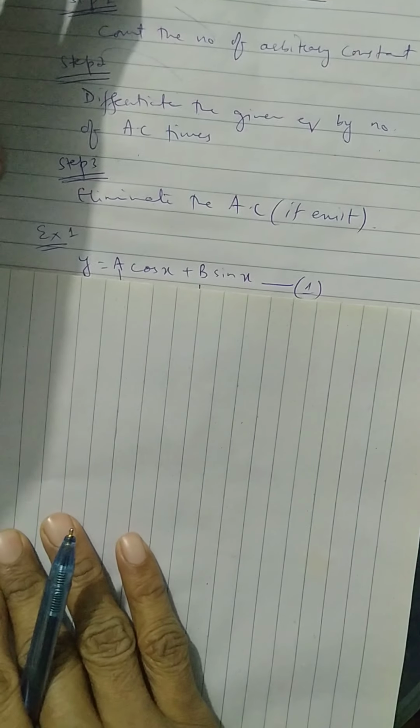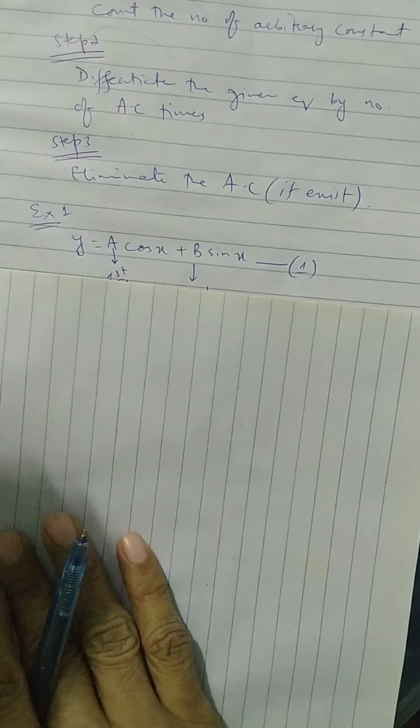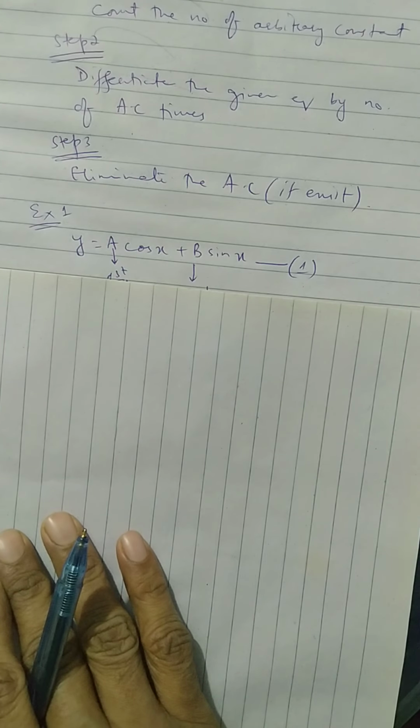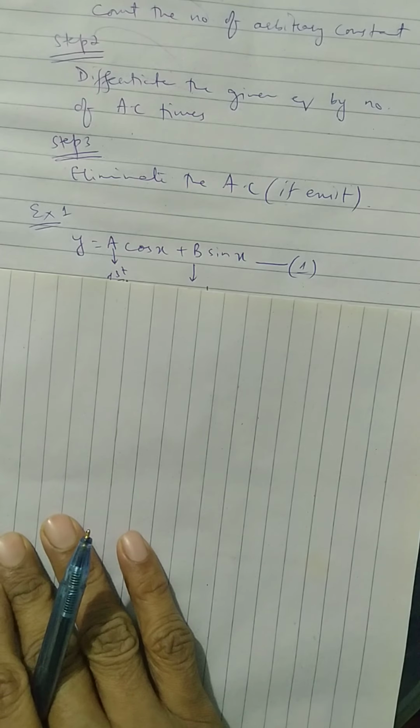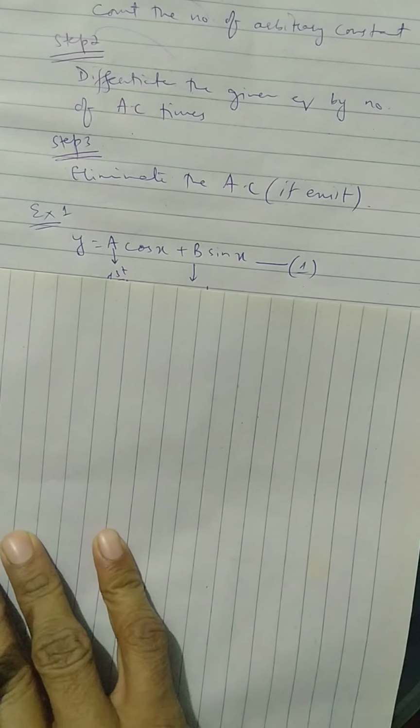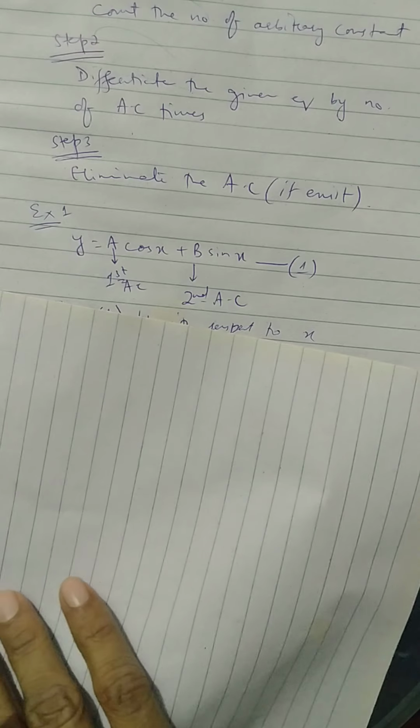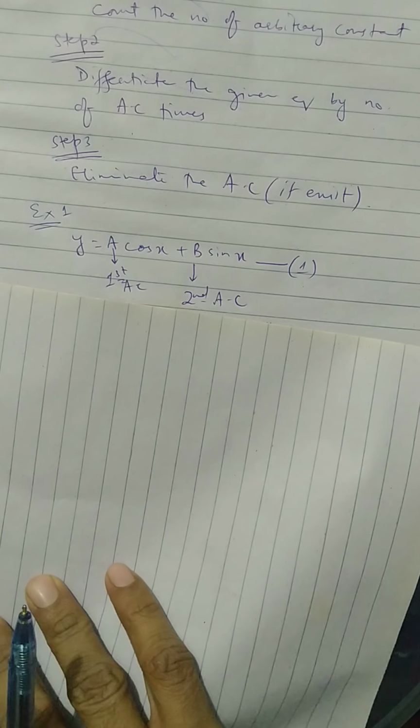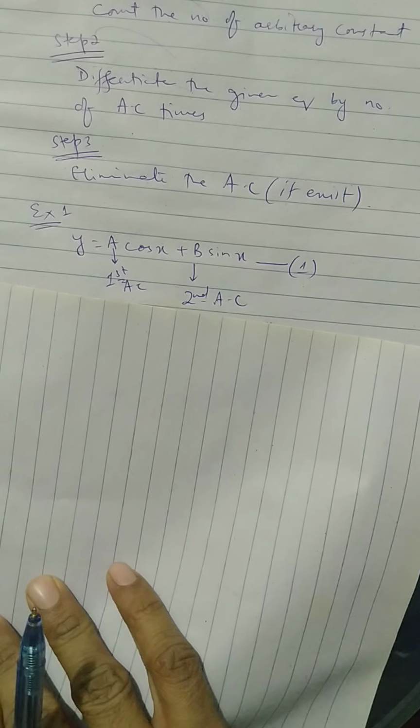For understanding these three steps, I am giving you one example. The first example is: if you have the equation y equals a cos x plus b sin x, that means we have two arbitrary constants in this equation. The first arbitrary constant is a, and the second is b.